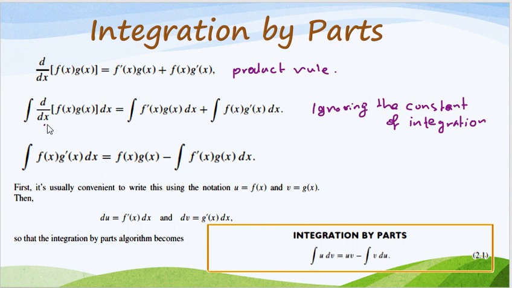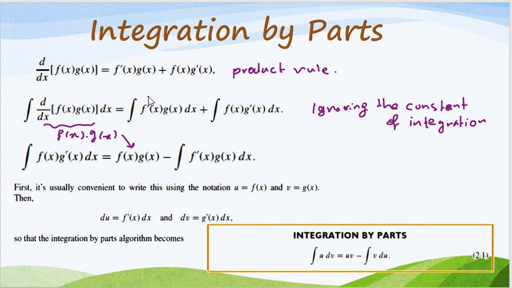As you see, this is the integral. What integral? This is the derivative. If we integrate this, what does it give us? f of x times g of x. So f of x g of x is equal to the integral of f prime of x times g of x dx plus the integral of f of x g prime of x dx.